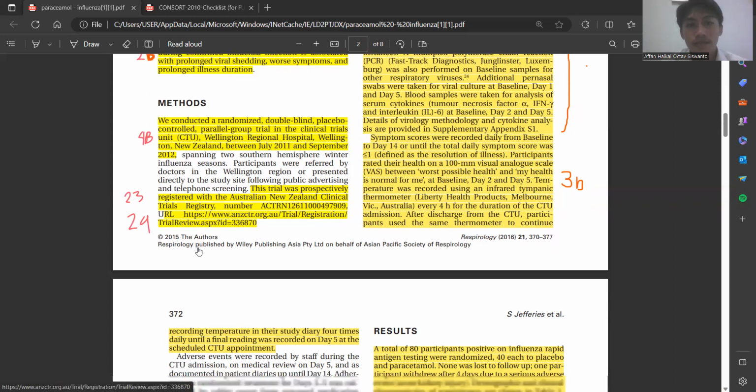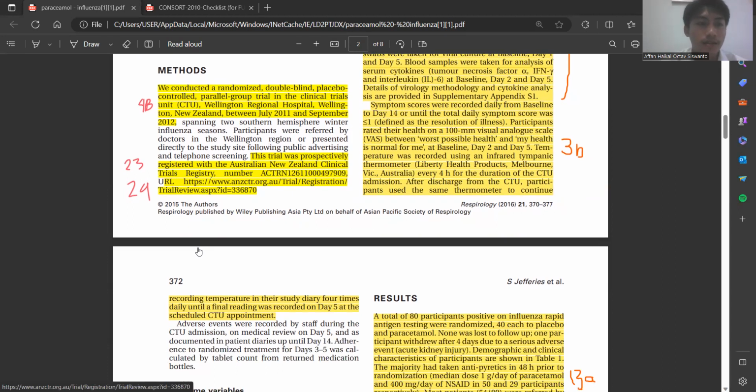And the next item here is item 23, and then it also continues to item 24. Item 23 is the registration number and name of trial registry.